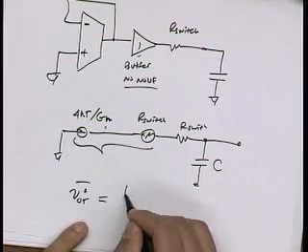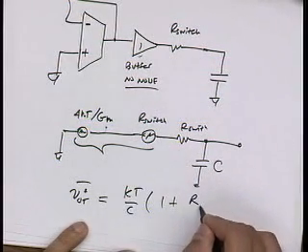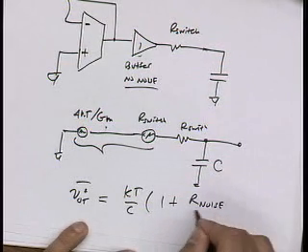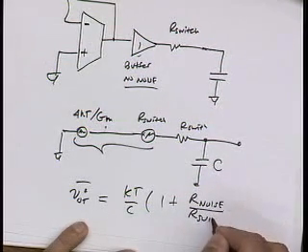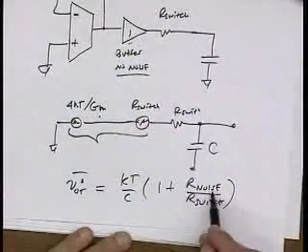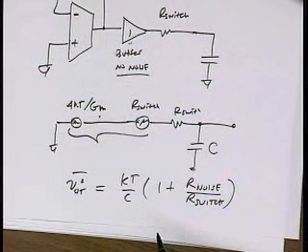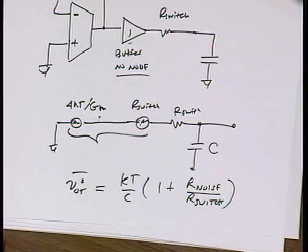And so at the end of the day, what I get is increased noise by a factor of 1 plus the extra noise I'm generating divided by the noise of the switch. Okay? That makes sense to everybody?